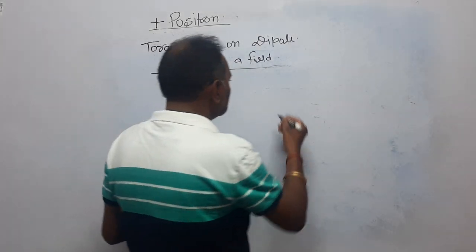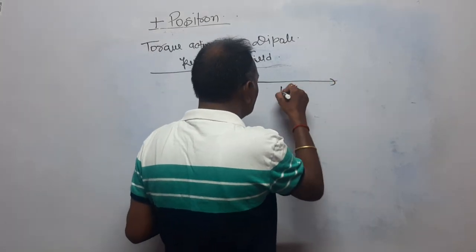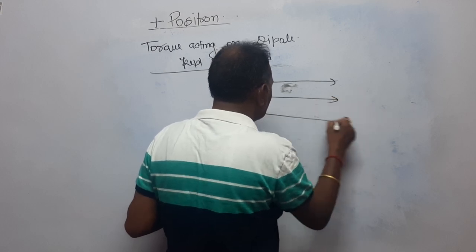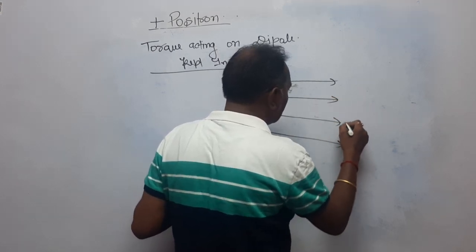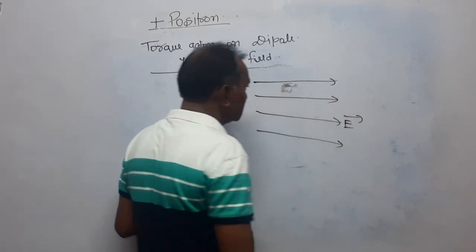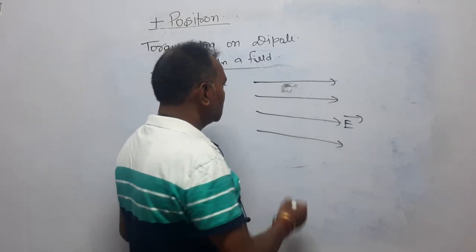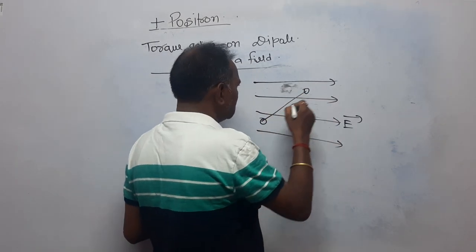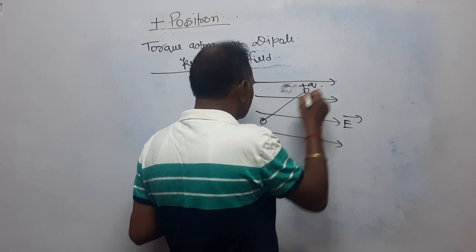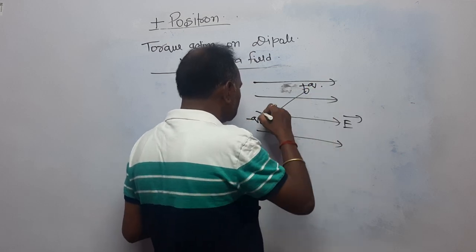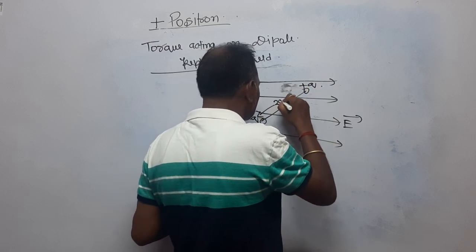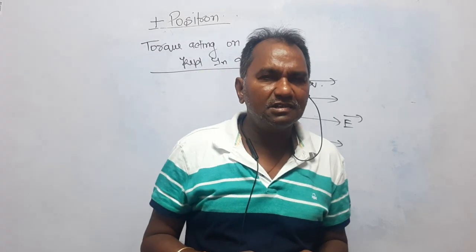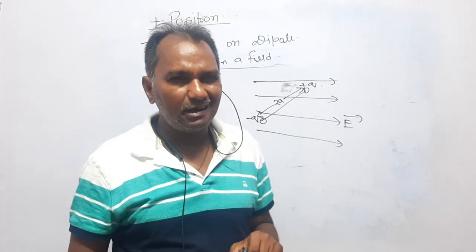Now, dear students, this is the electric field, right? Direction of the electric field. And here, this is plus Q charge, this is minus Q charge, and the distance between the two charges is 2a. Why do we consider 2a rather than a?